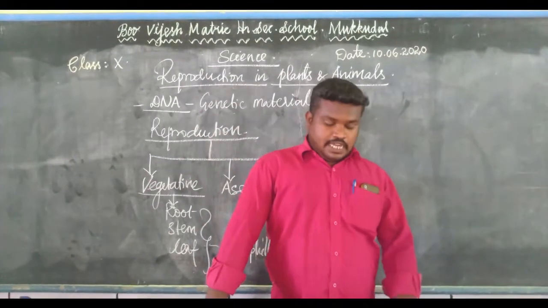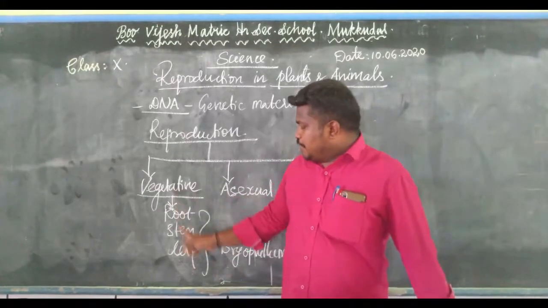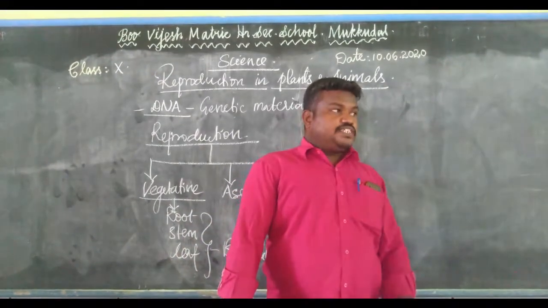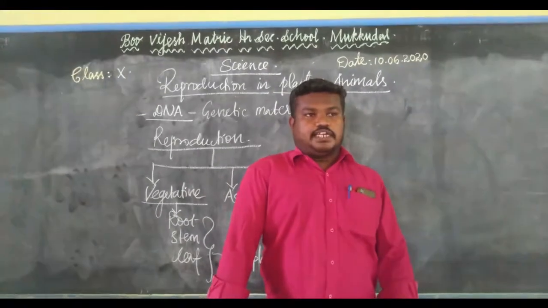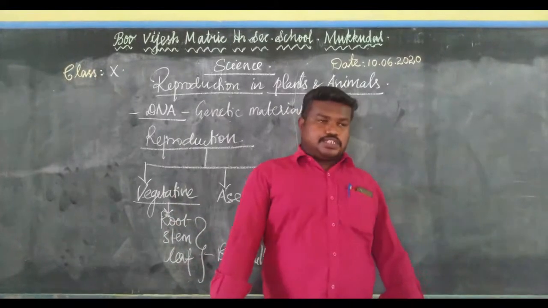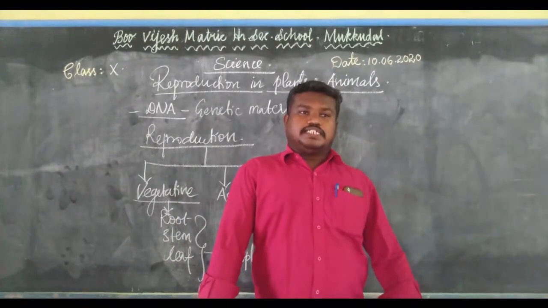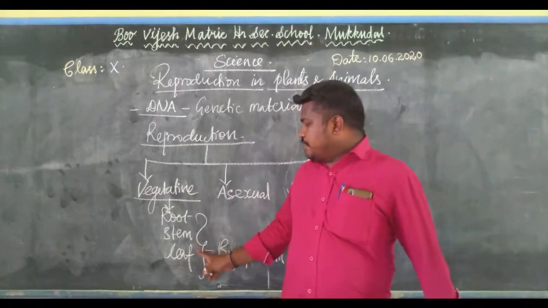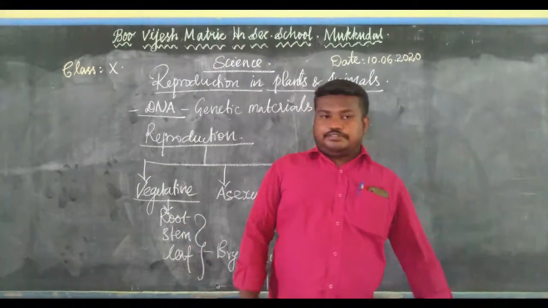That is known as vegetative reproduction in stem. Then root. The vegetative propagation method can be used in the root. For example, asparagus and sweet potato are examples of vegetative reproduction in root.